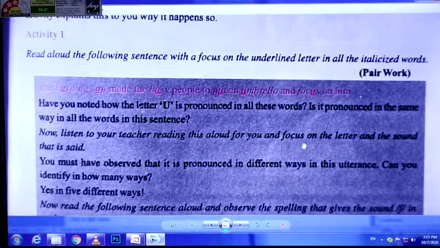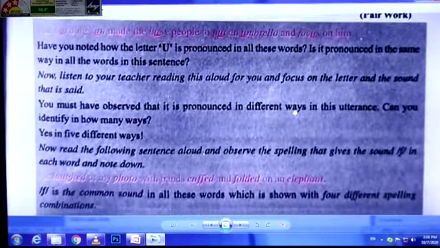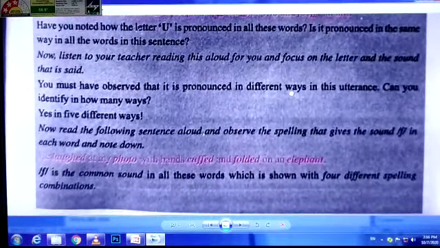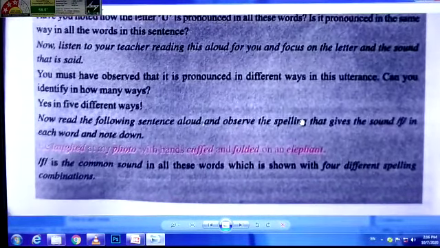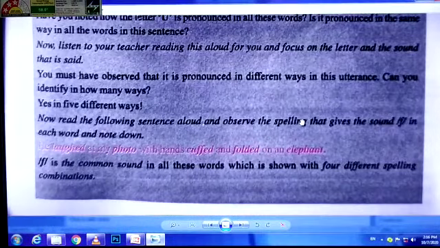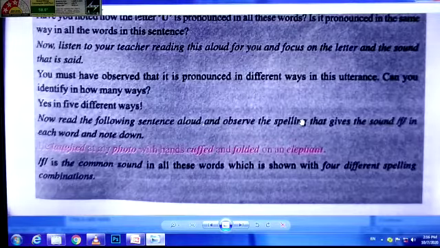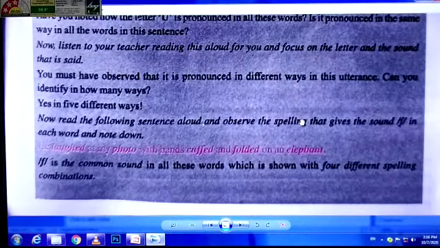When you listen to this sentence, you can find that the letter U is pronounced in 5 different ways: burn, sun, busy, put, umbrella and focus.